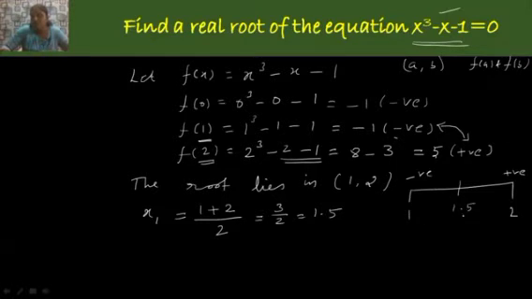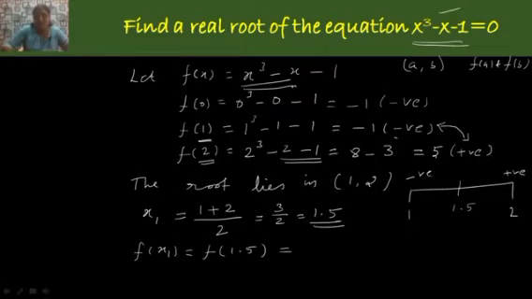At this point, we have to find the value of f of x, that is f of x1, which is f of 1.5, isn't it? So let me replace the value of x by 1.5 here. So 1.5 the whole cube minus 1.5 minus 1.